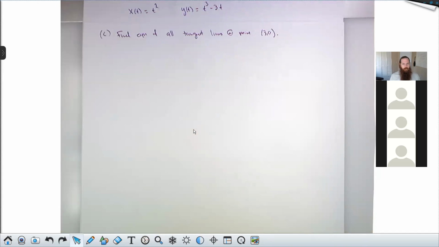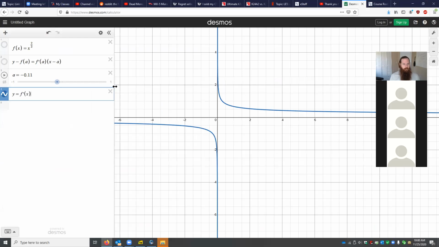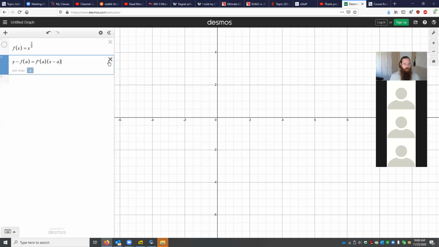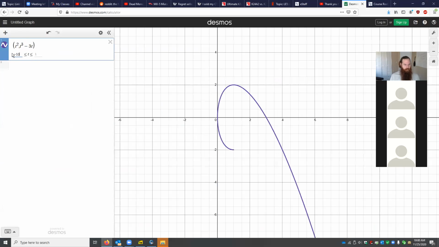Now, the interesting thing about the curve we're playing with here is that it goes through that point more than once. Here's the point (3, 0).